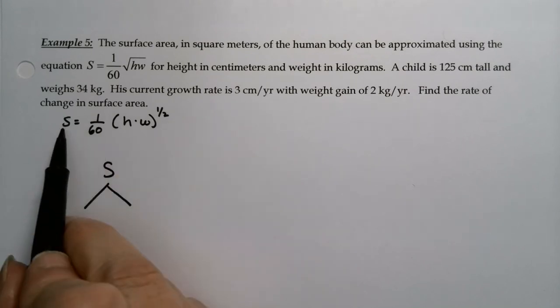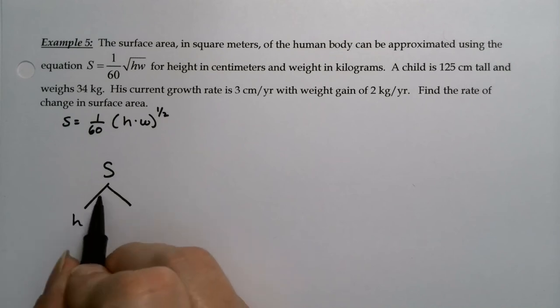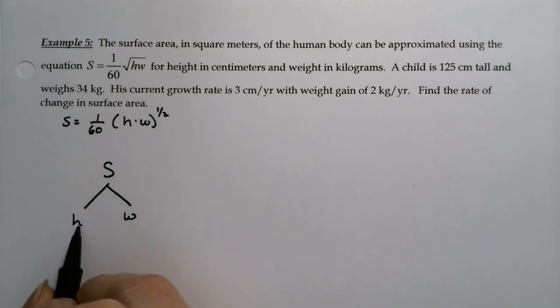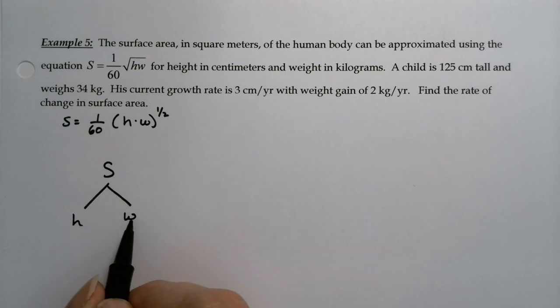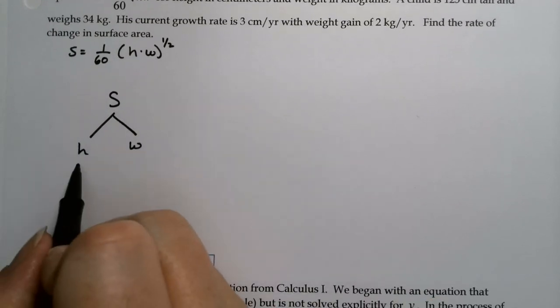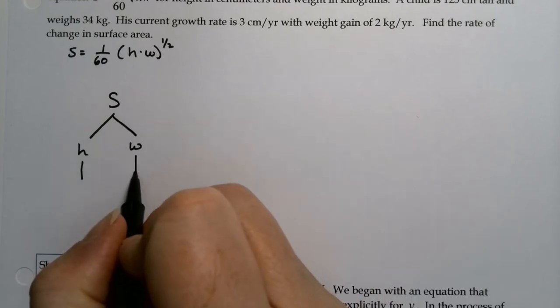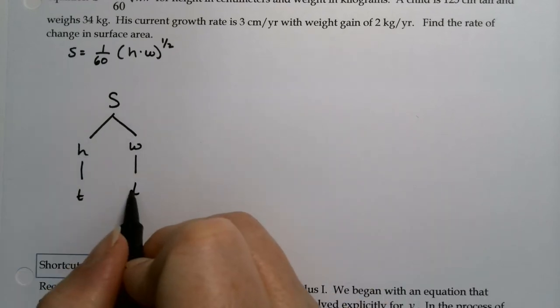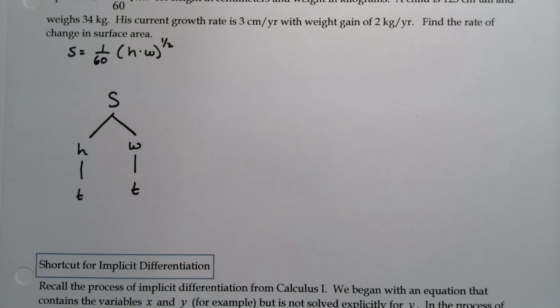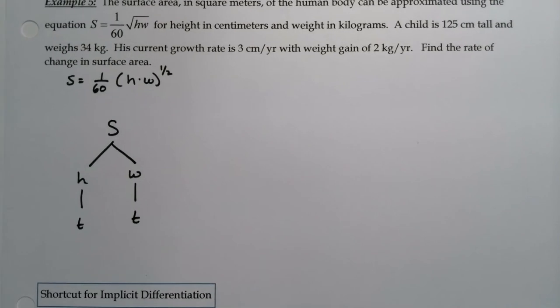Now that S, that surface area, is based on h and w, right? So it's dependent on them. Now each of those is dependent on time. You can tell because there's the weight gain per year. So height is dependent on time and weight slash mass is dependent upon time. All right, now we can use the chain rule.